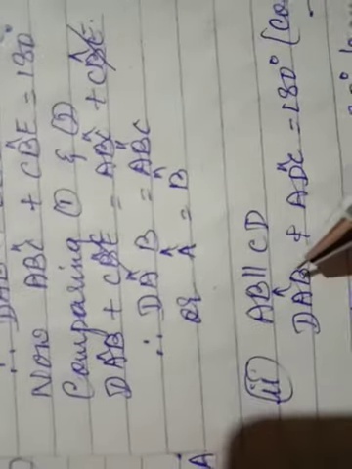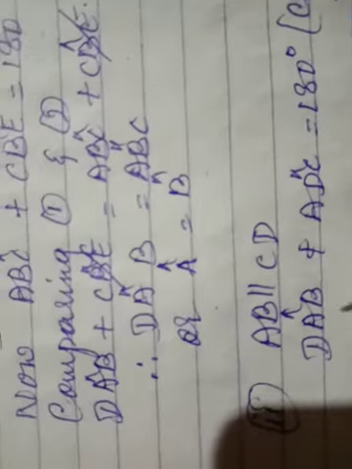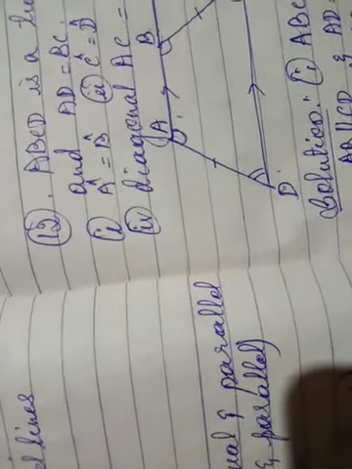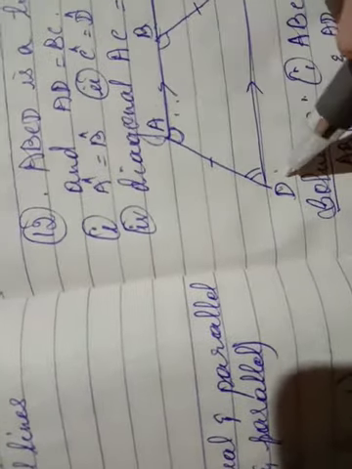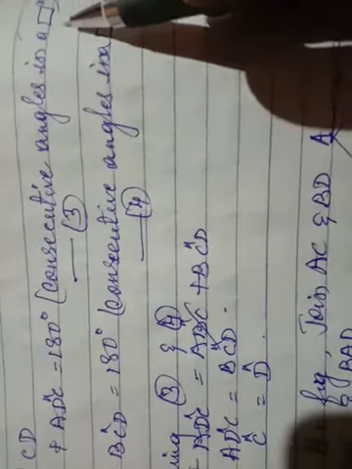The second one: AB parallel to CD. We know that DAB plus ADC is equal to 180 degrees, for the same reason, consecutive angles in a parallelogram.